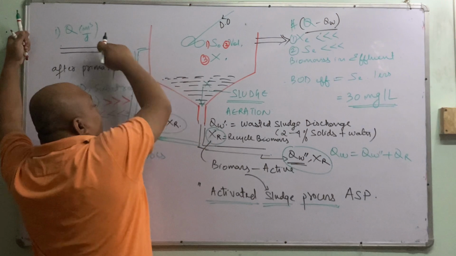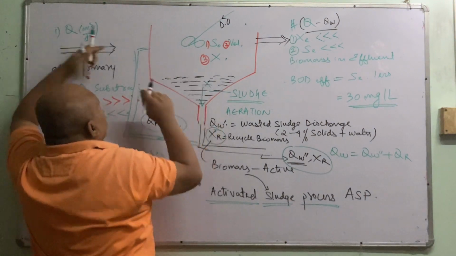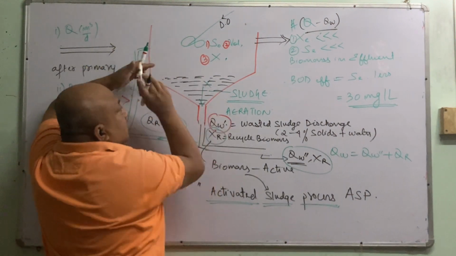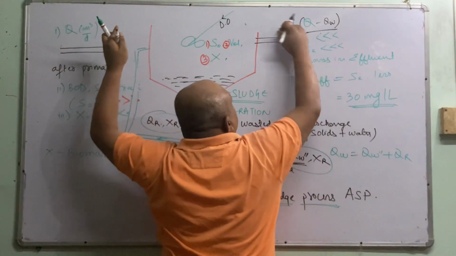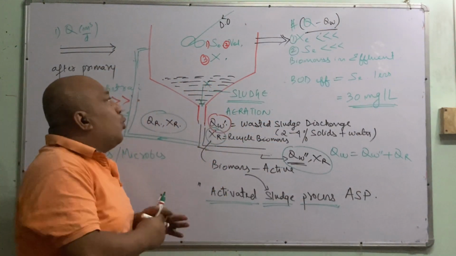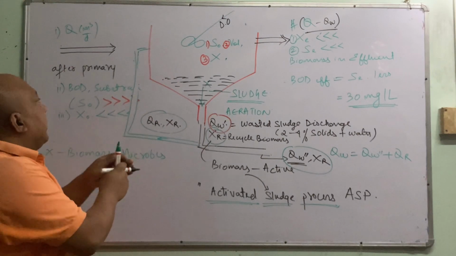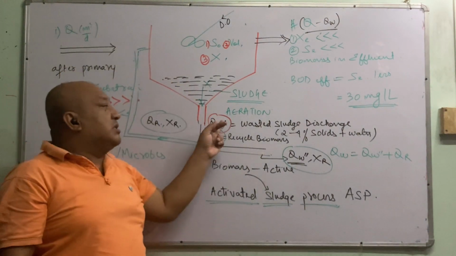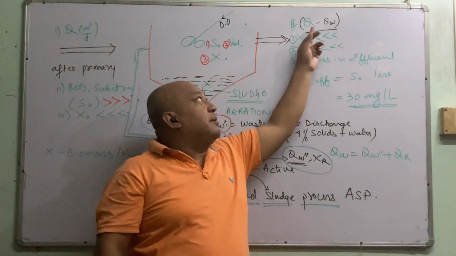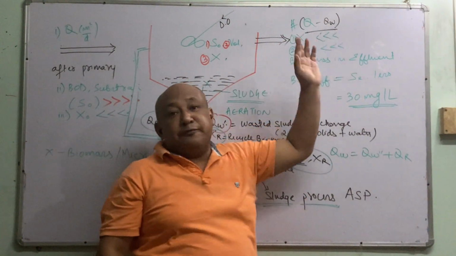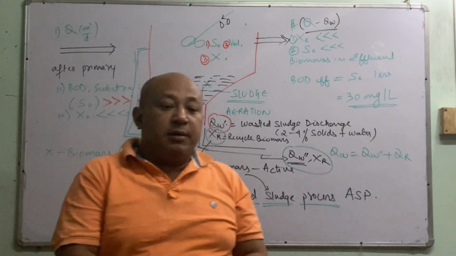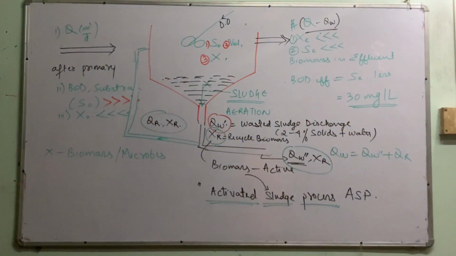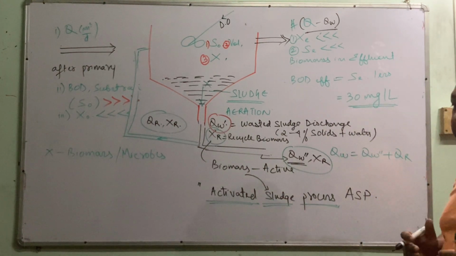Because Q is coming, QW, it is wasting it away. So Q minus QW is the effluent coming out. That means even though I may be saying 10 liters is coming inside, 1 liter is wasted away. So this will be 10 minus 1, this may be 9 liters effluent. Is the concept clear? Let me check the video again. Fine. Okay. So this is the complete mass balance of what is activated sludge process.